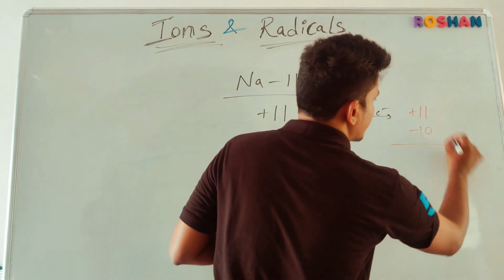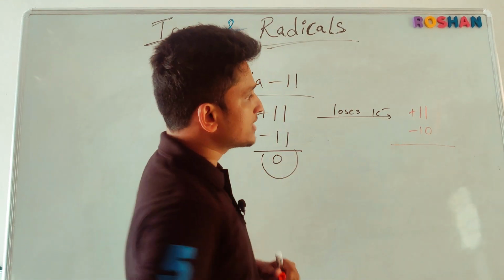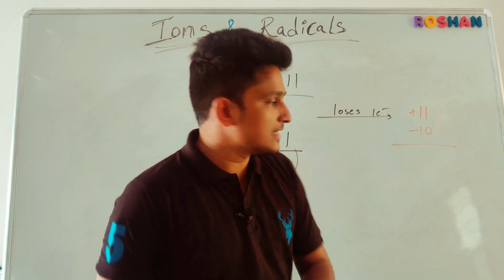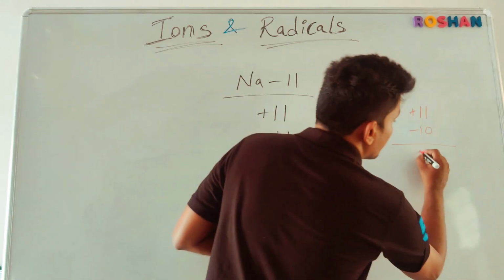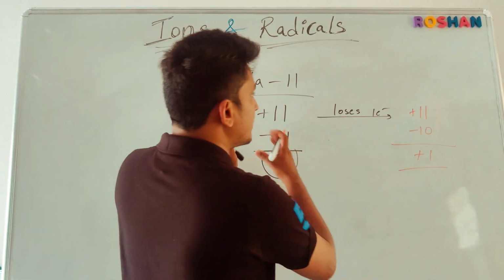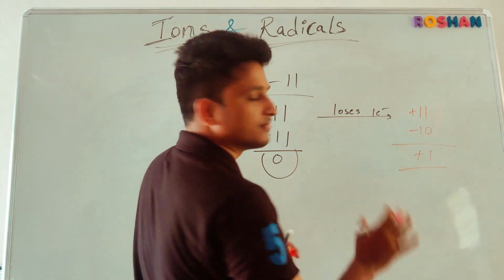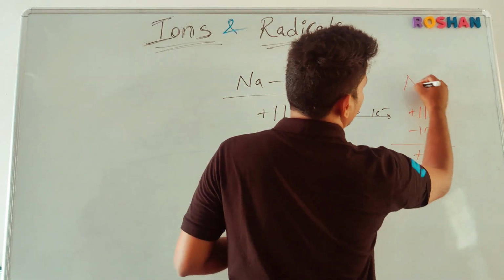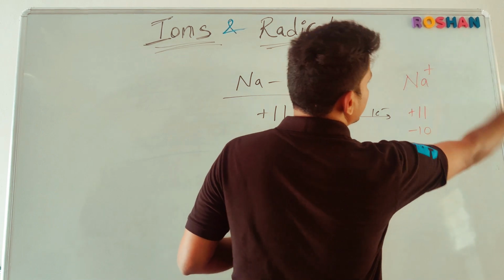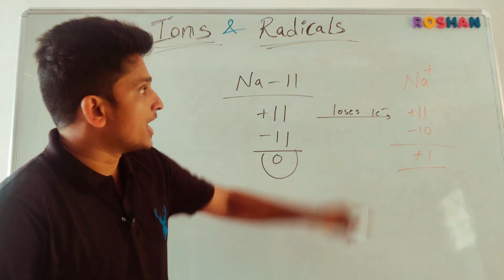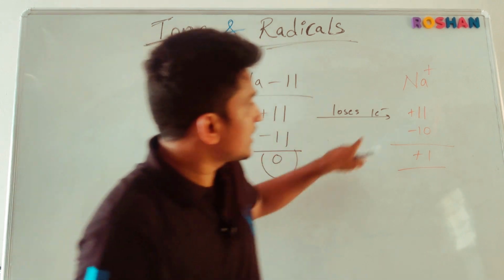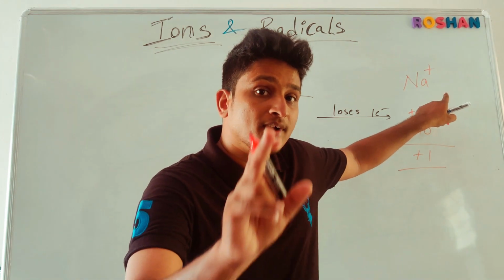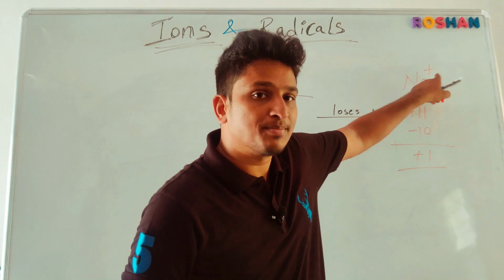Now what is the net charge? 11 positive particles, 10 negative particles are there. So what is the net charge on this atom now? Plus 1, yes or no? Can we assign the symbol as still sodium? No. This is represented as Na plus ion, sodium ion. Initially it is a sodium atom. After losing an electron it becomes a sodium ion. Why does it get the plus 1 charge?